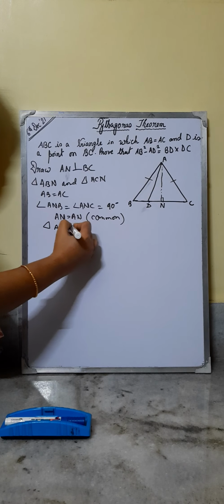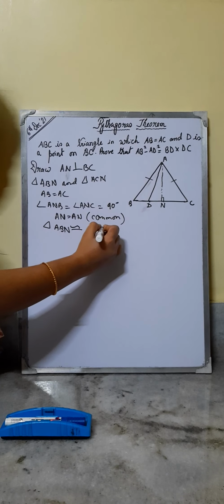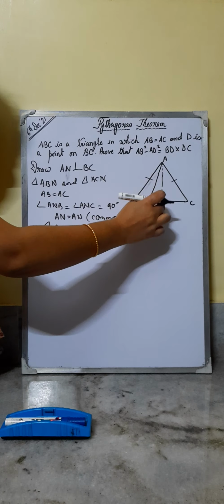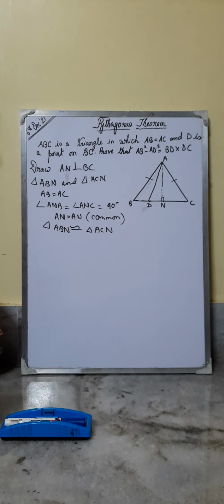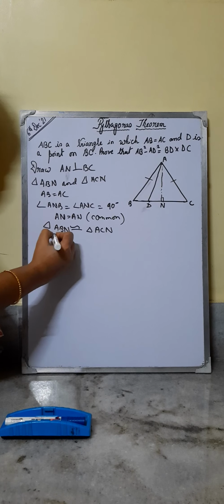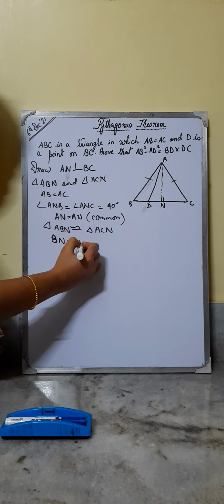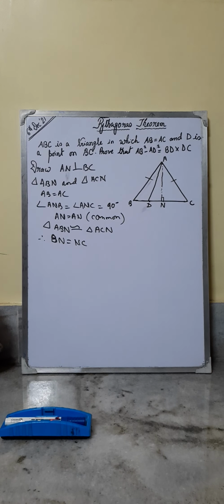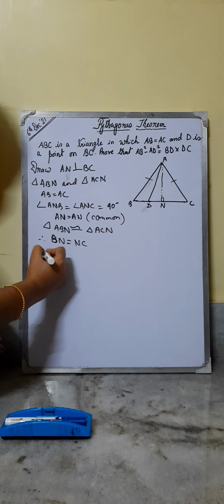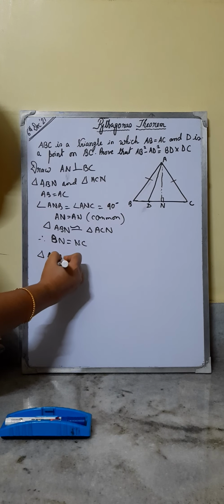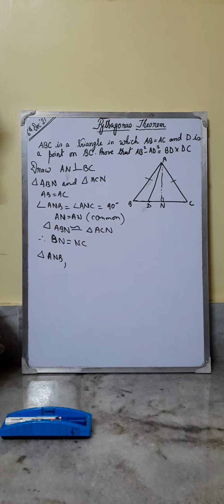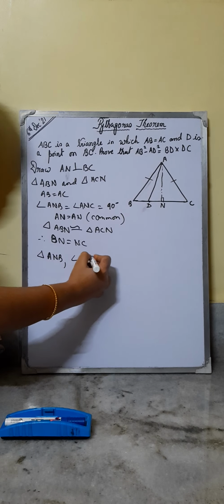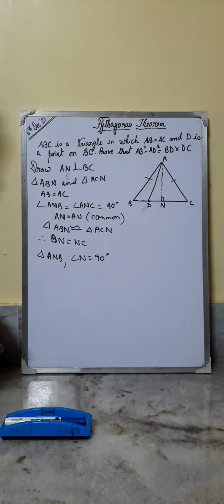ABN is congruent to triangle ACN. So congruence means BN equals NC. Now from triangle ANB, angle N equals 90 degrees.